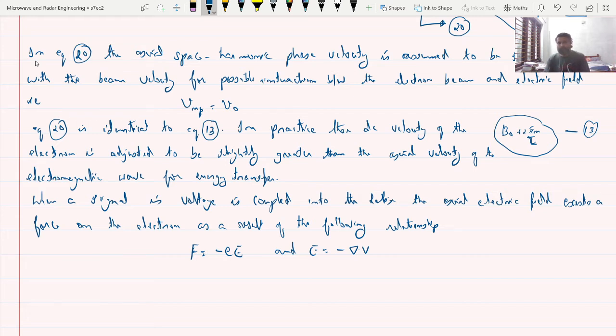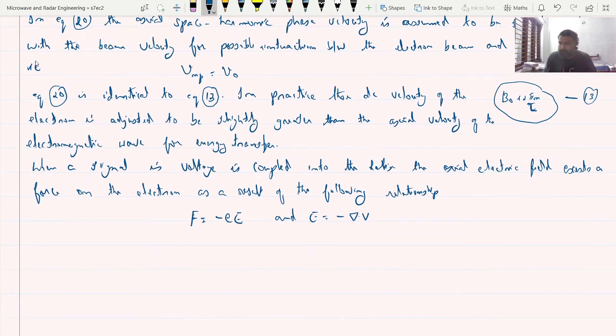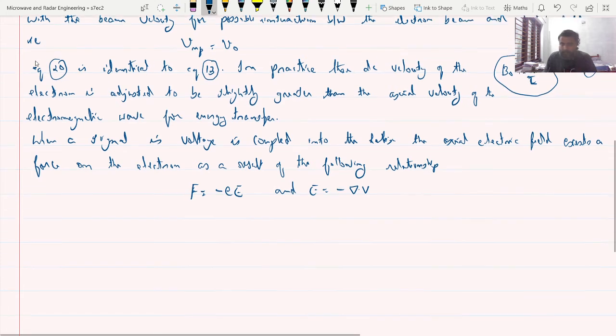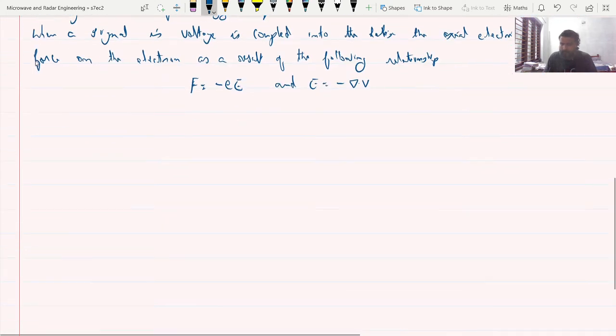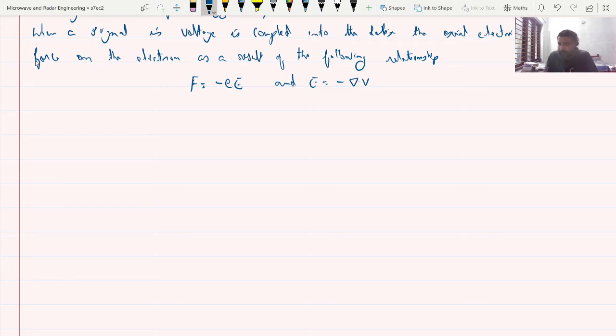So when a signal voltage is coupled to the helix, the axial electric field will exert a force on the electron with respect to the following relationship. In the case of a traveling wave tube, I have explained that the electrons entering the zero electric field are not affected, but the electrons entering the retarding field are decelerated, and those in the accelerating field are accelerated.